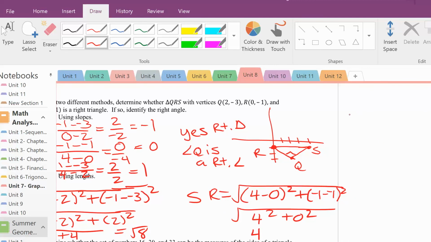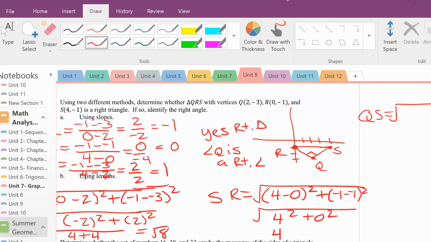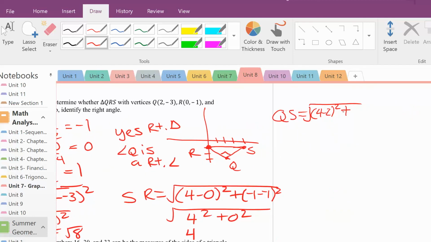And then last but not least, I need to find QS. From Q to S, it's going to be 4 minus 2 squared plus, and then y2 minus y1, so -1 minus -3 squared.